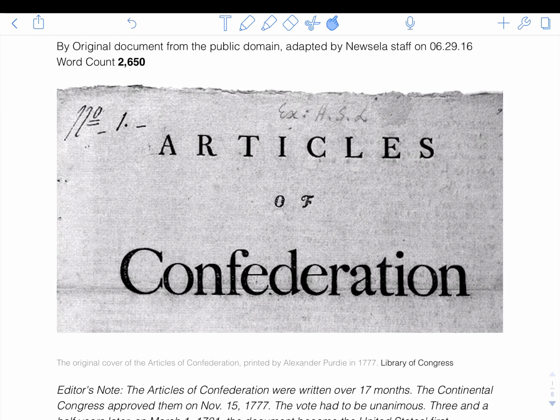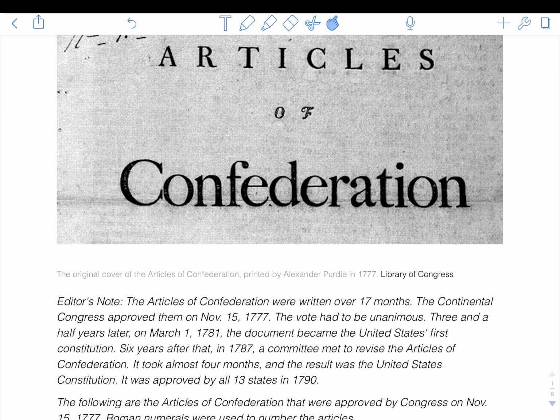Now, what we're going to look at is the Articles of Confederation. And if you haven't thought about U.S. history in a while, you might be confusing this with the Constitution. It is really a precursor of the Constitution. But this document, as we'll see here in a moment, was signed on November 15th, 1777.